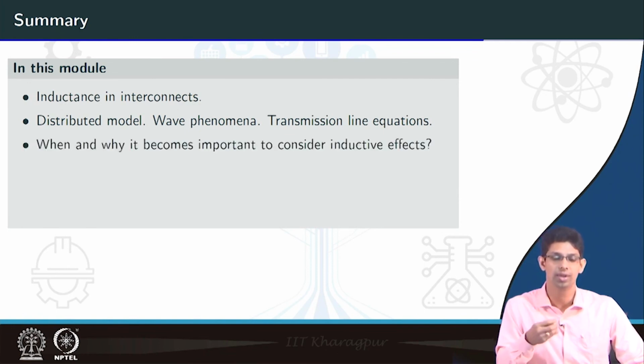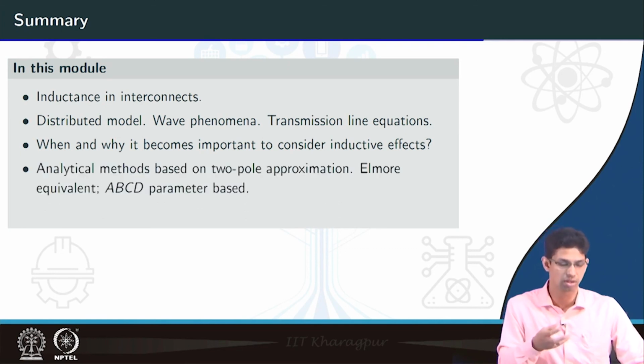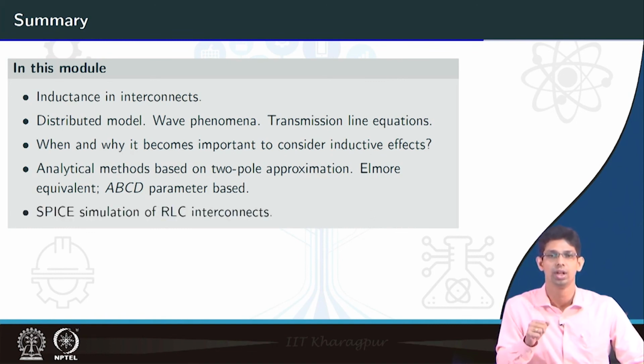We also saw that when and why inductive effects become important. So we saw the conditions where we can ignore the inductive effects completely and our RC interconnect analysis is good enough. Then we saw some analytical methods based on two-pole approximation, which included Elmore equivalent and ABCD parameter based extraction of a two-pole transfer function. And in this lecture, we saw the SPICE simulation of RLC interconnects.